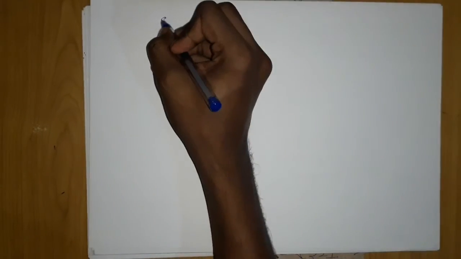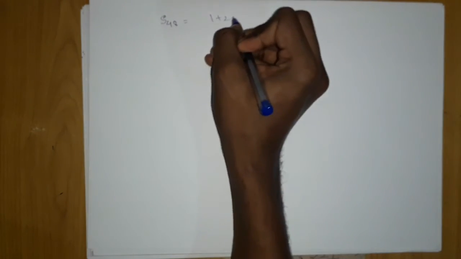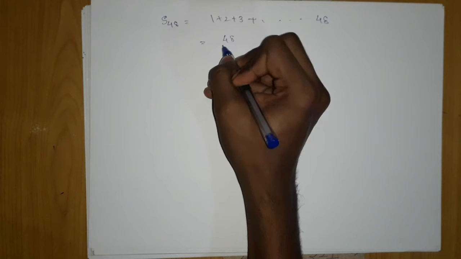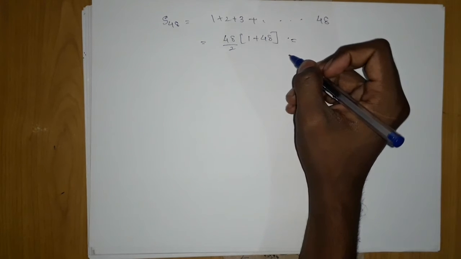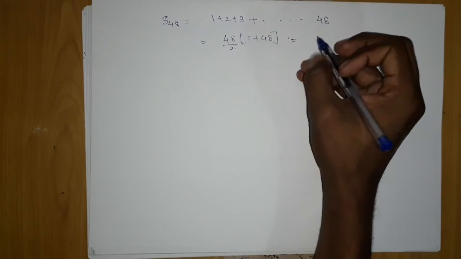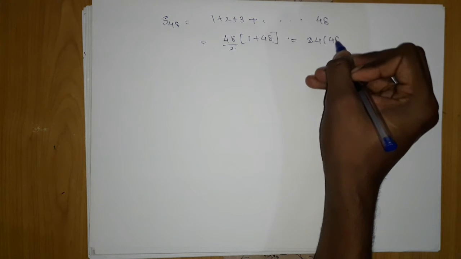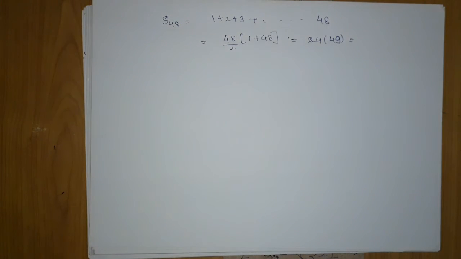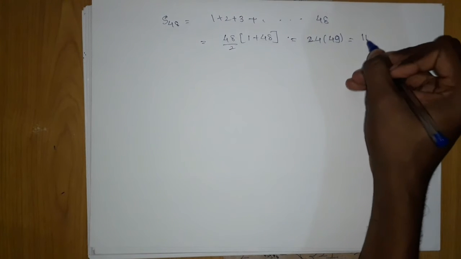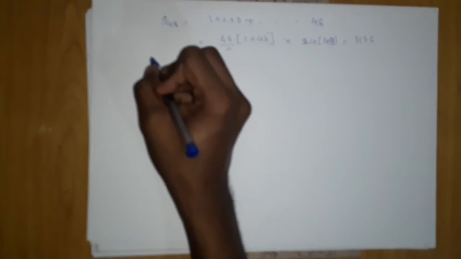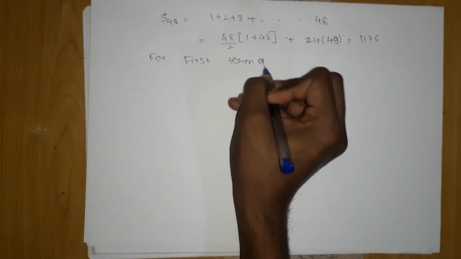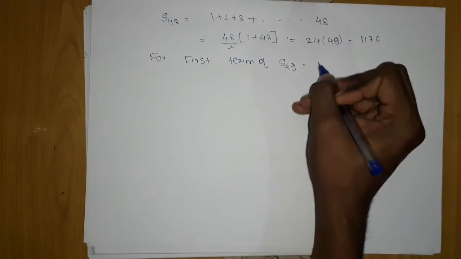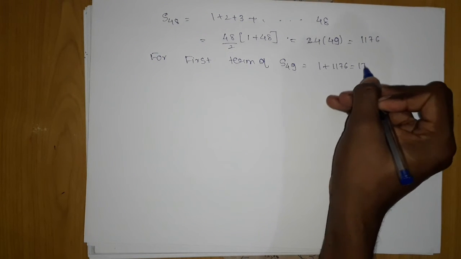The last term of S48 will be 1 plus 2 plus 3 plus till 48, which is 48 by 2 into 1 plus 48, which gives 24 into 49, which is 1176. So the first term of S49 will be 1 plus 1176, which is 1177.